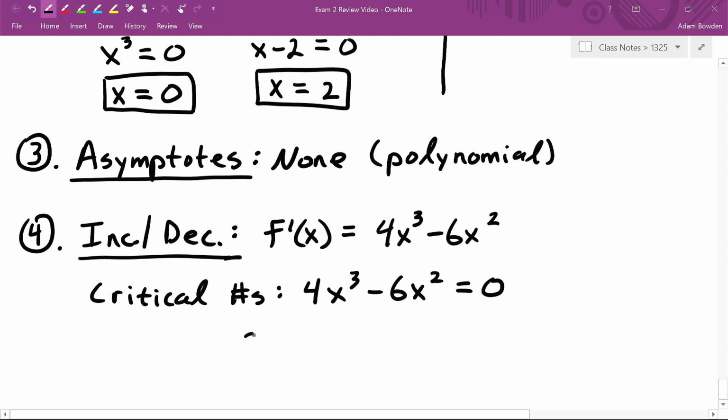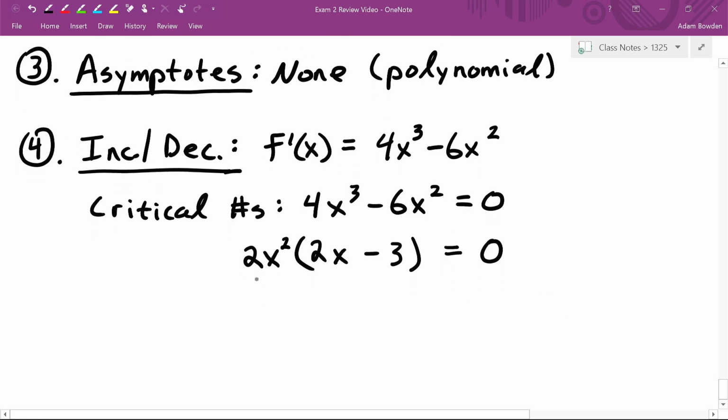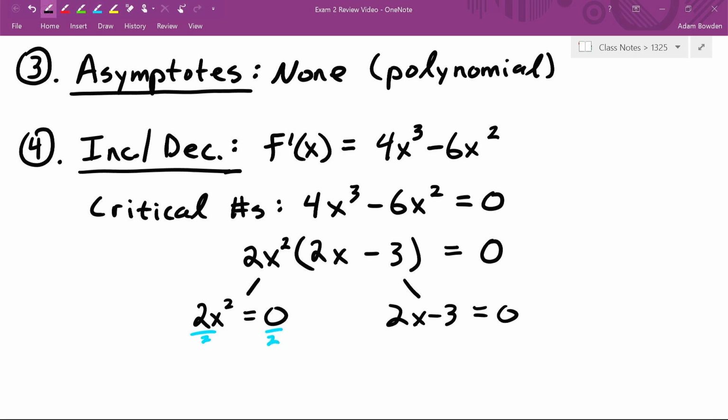Here we can solve it by factoring out the GCF of 2x squared from both terms. Write it as 2x squared times 2x minus 3, all equal to 0. When we set each factor equal to 0, 2x squared equal to 0 and 2x minus 3 equal to 0. In the case of the first factor, you could divide out the 2 and write it as x squared equal to 0.